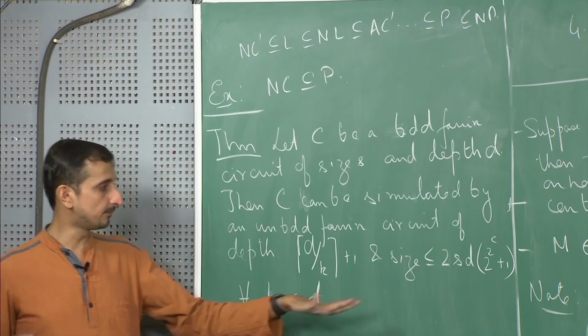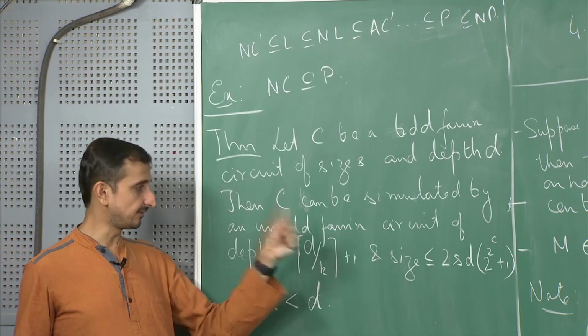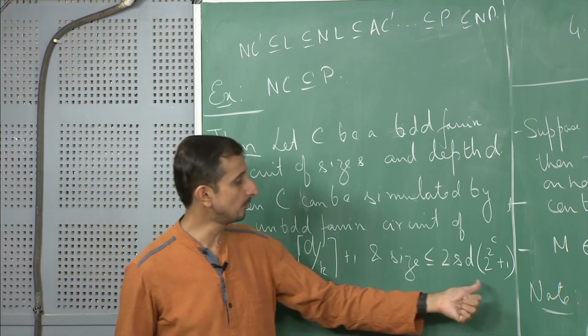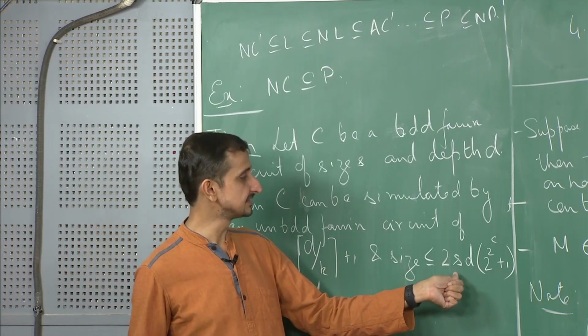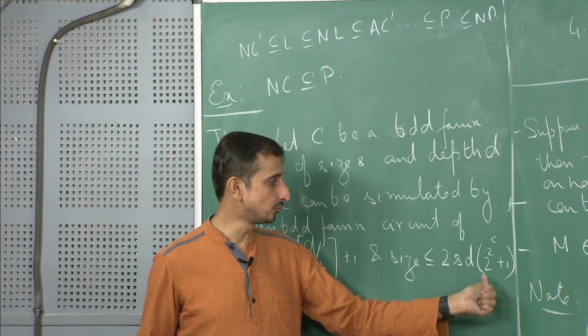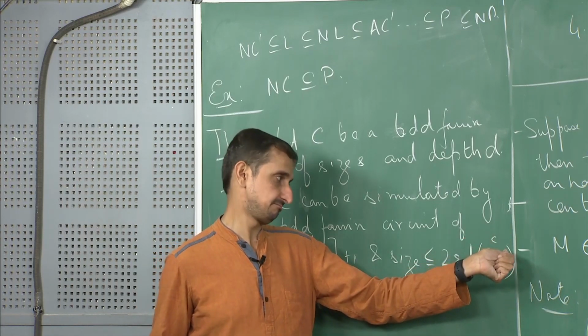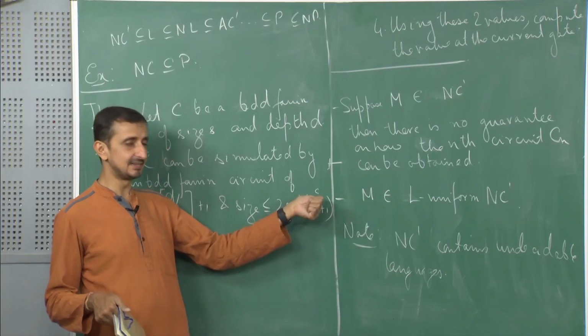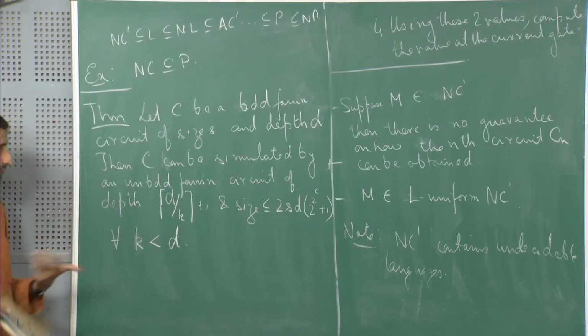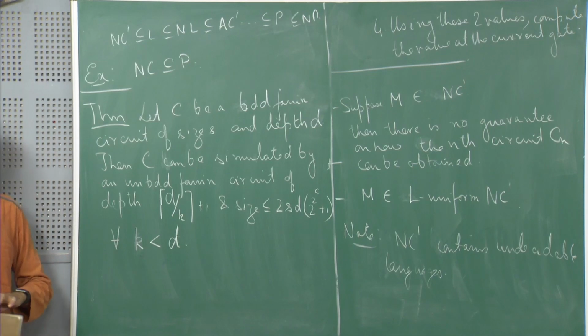But of course, there is a blow up in the fan-in, which can now be unbounded, and there is a blow up in the size as well. The size now becomes S·D·2^(2^K). It is doubly exponential in K, but if I choose K carefully, then it might still work for us.